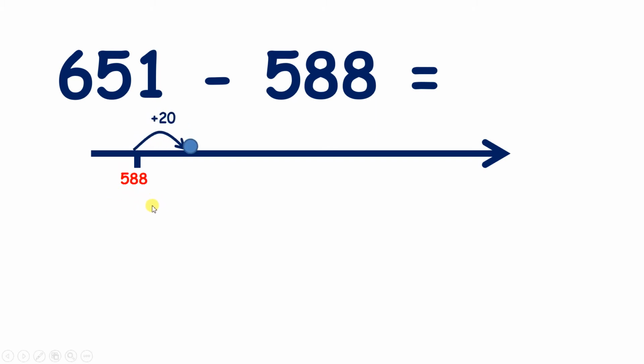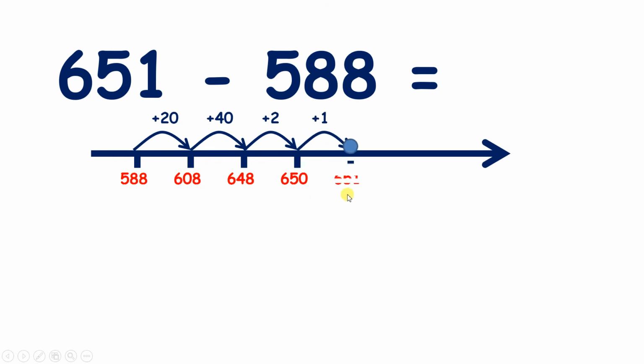If we add 2 tens, that takes us to 608. And then, if we add another 40, that takes us to 648. Now adding 2 takes us to 650, and then we just need 1 more to reach 651.